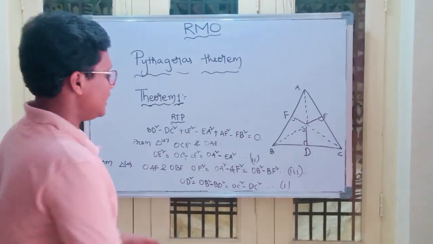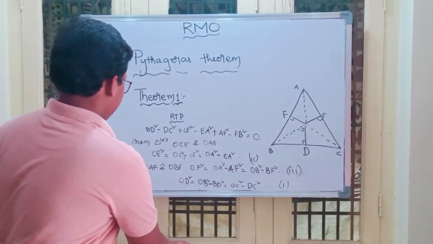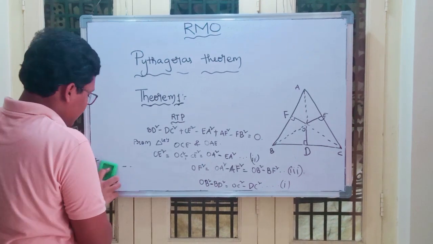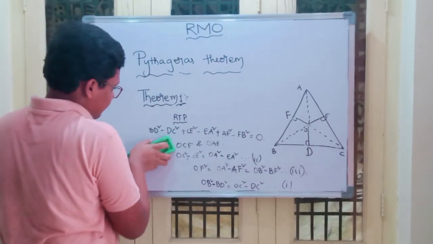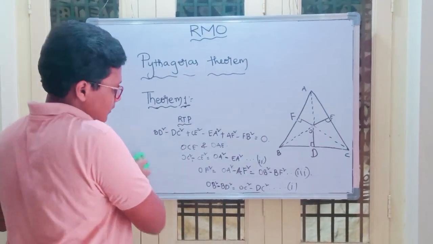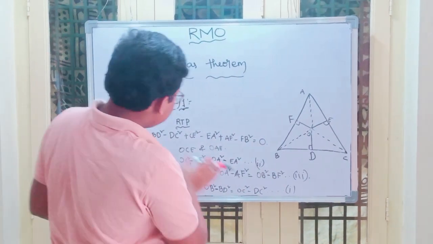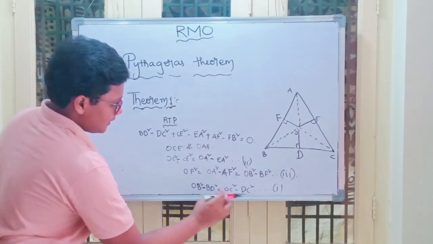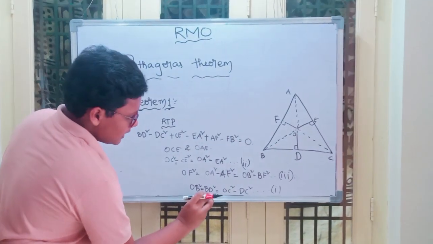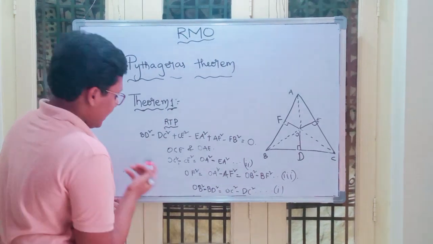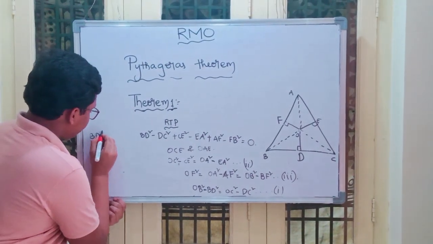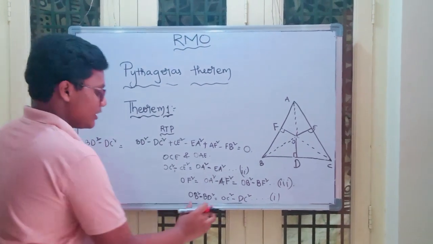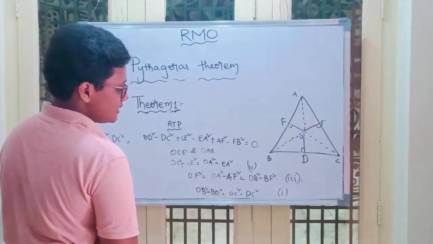From these three equations, we need to prove this. So here we will shift this BD square to here, and we will get BD square minus DC square is equal to OB square minus OC square.